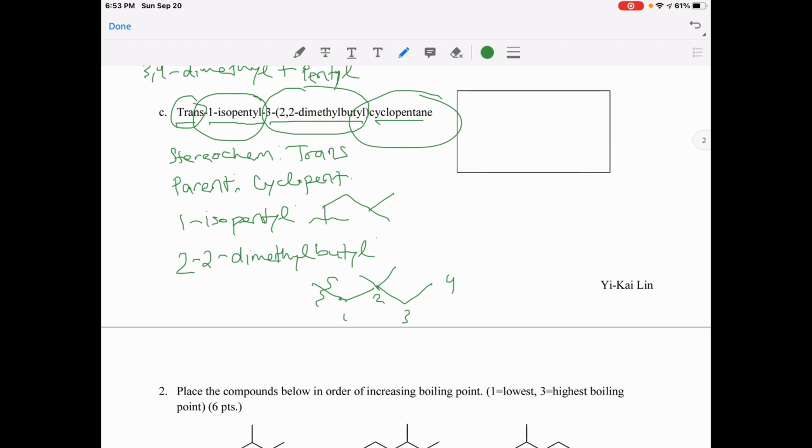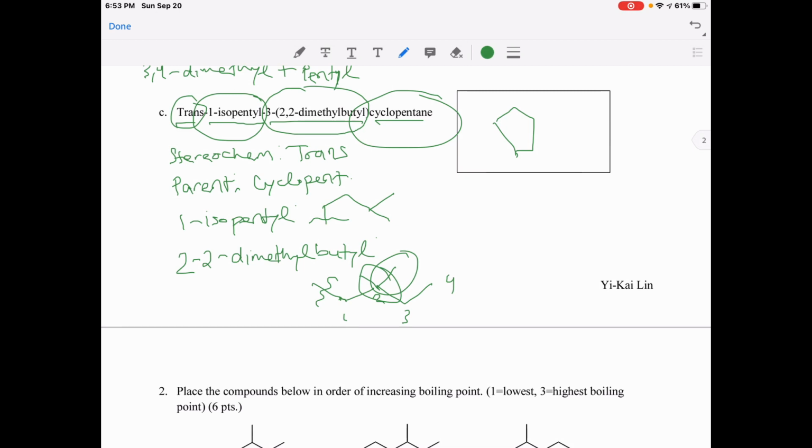And we notice that there are 2 methyl substituents on the second carbon, so that is why it's 2,2-dimethylbutyl. Now that we have all this info, we can go ahead and draw our structure. We start off with our parent, the cyclopentane.